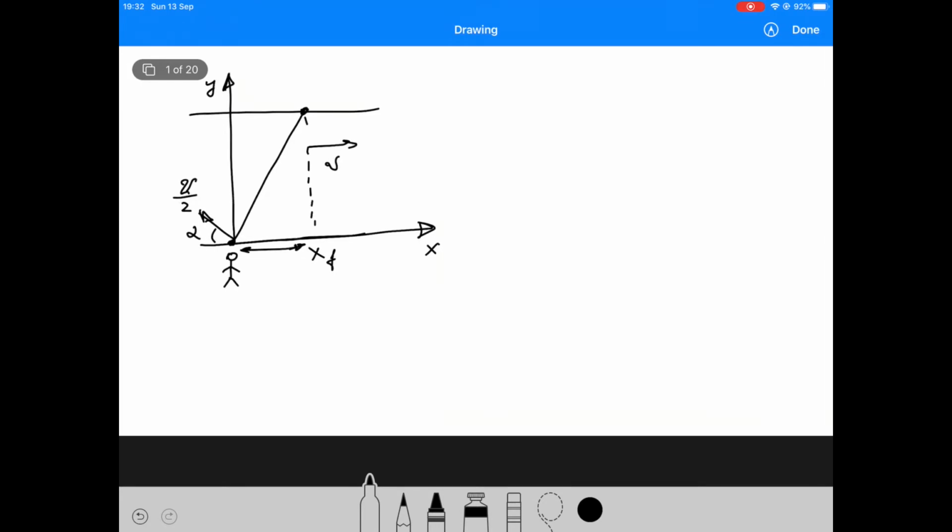Vx is equal to V minus V divided by 2 cosine alpha, and Vy will be V divided by 2 multiplied by sine alpha.